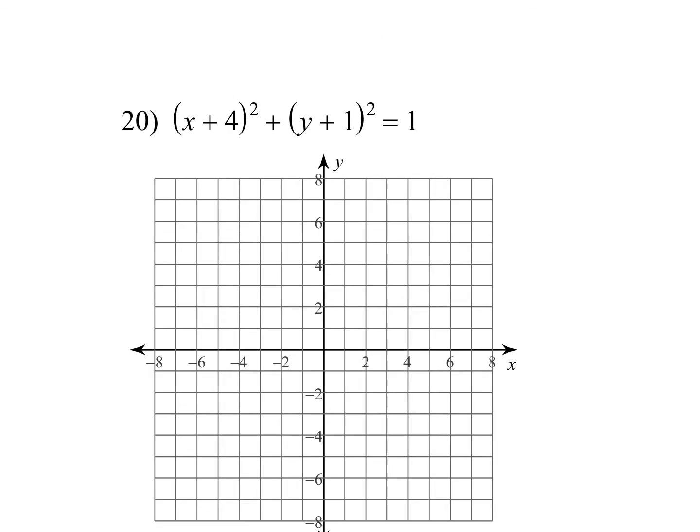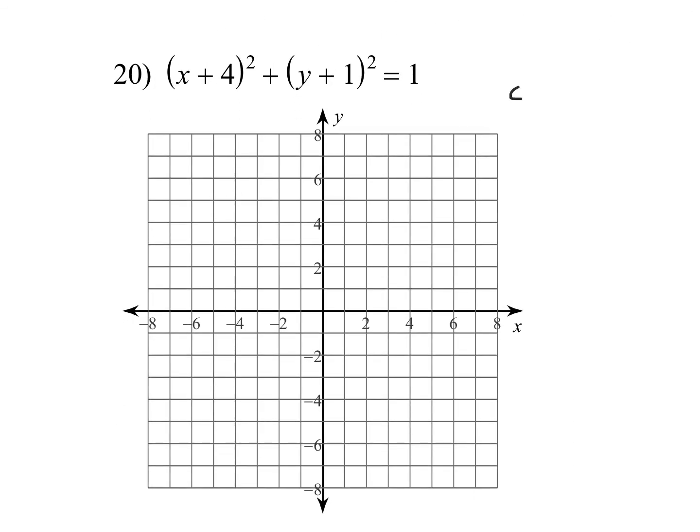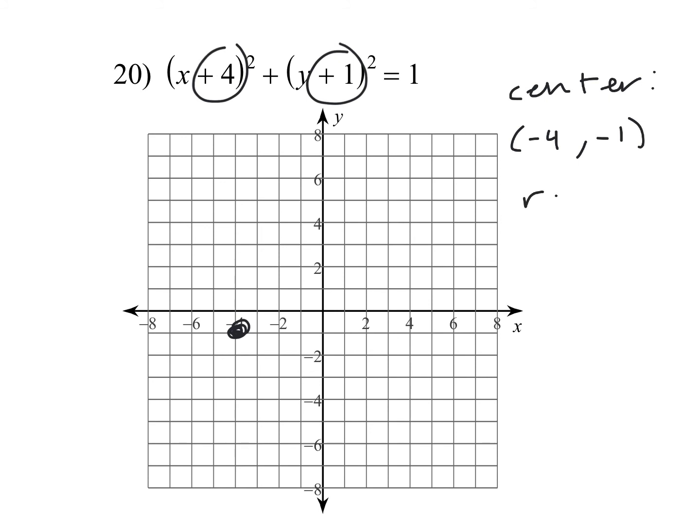All right, 20. What's our center of the circle? -4, -1. Perfect. We take these and just flip the signs. So we're going to go to the left to -4 and down to -1. That's our center. Now what's our radius? 1.